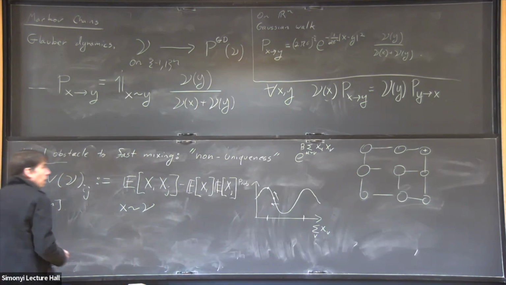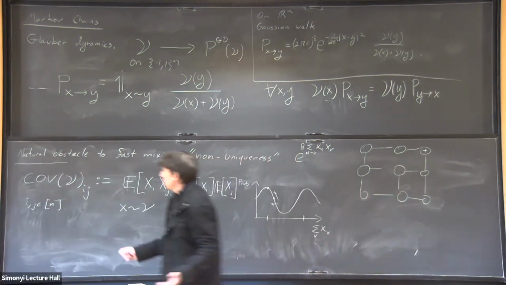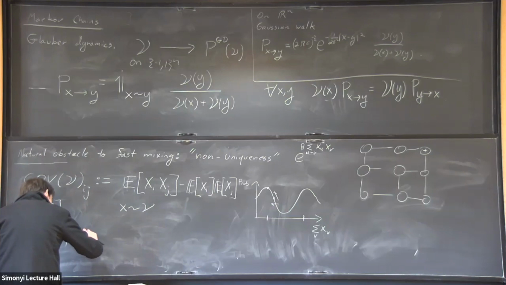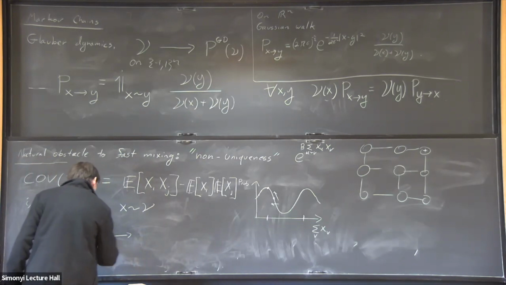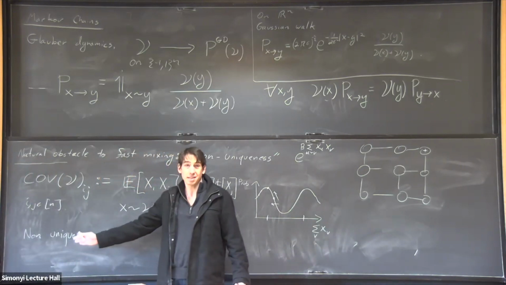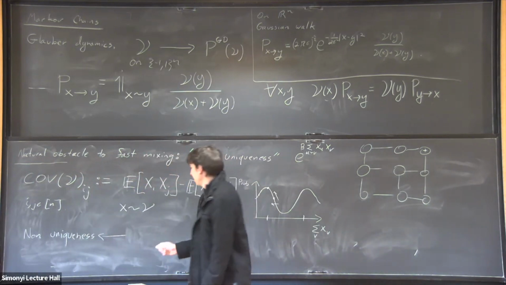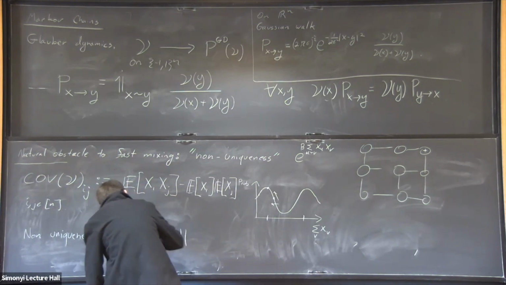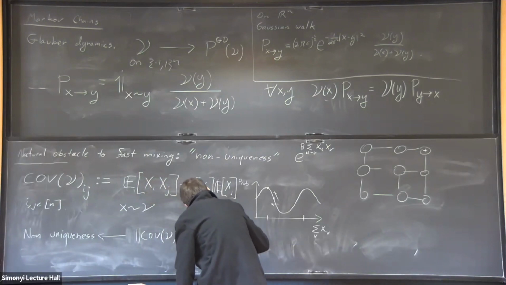So I claim that in the problematic cases I told you about, the cases of non-uniqueness that we saw, on a very ideological level, this is not an accurate statement at all, but the arrow only goes this way, at least. The covariance matrix of mu has operator norm much bigger than 1, of the order of n.